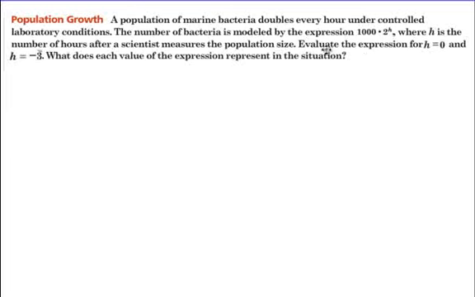Evaluate. So here's what they want me to do. They want me to evaluate the expression for h equals 0. So I'm going to take the expression and I have to solve it for h equals 0 and for h equals -3. What does each value of the expression represent in the situation?